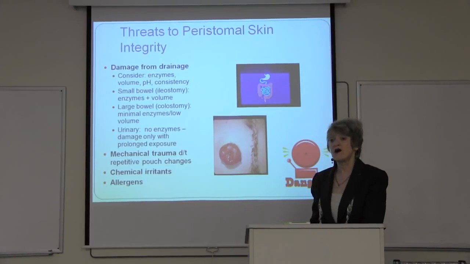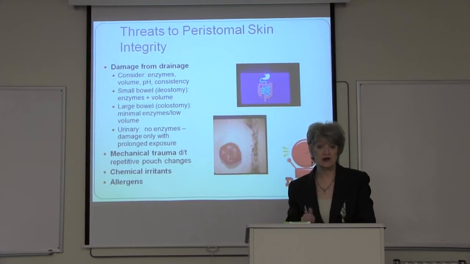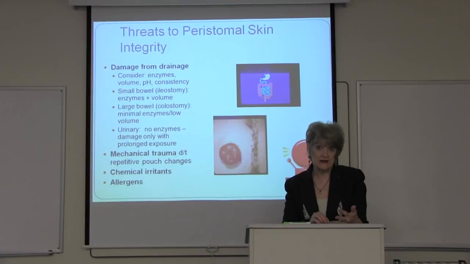Now let's talk about protecting the peristomal skin. We've talked about routine care, gentle removal, appropriate cleansing, and management of peristomal hair. The other thing we have to think about is protecting the peristomal skin from the drainage.